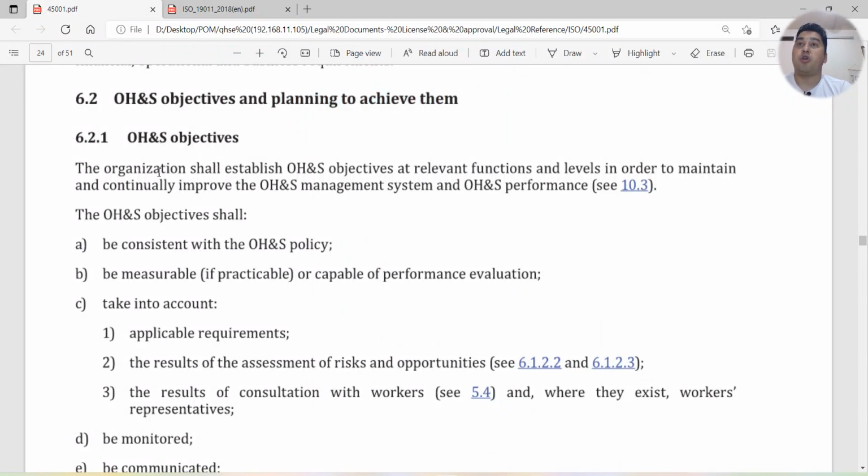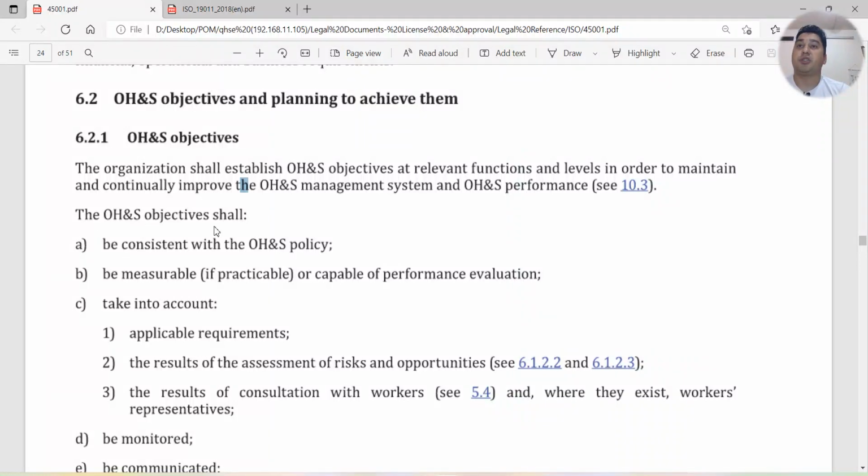The organization shall establish OHS objectives at relevant functions and levels in order to maintain and continually improve the OHS management system and OHS performance. It is a requirement that you establish OHS objectives that are relevant to your functions, your business, your activities and services.